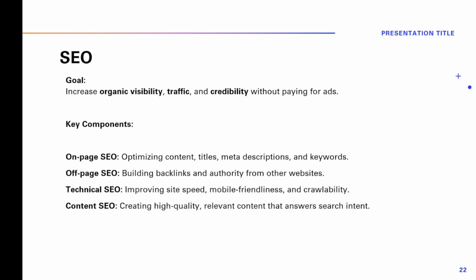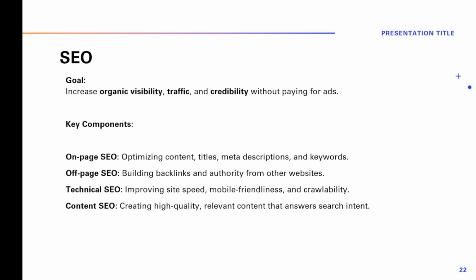Then we have off-page SEO, which involves building backlinks and authority for your website. We also have technical SEO, which involves improving the speed of your website, mobile friendliness, and user experience, all for the purpose of increasing crawlability of your website.